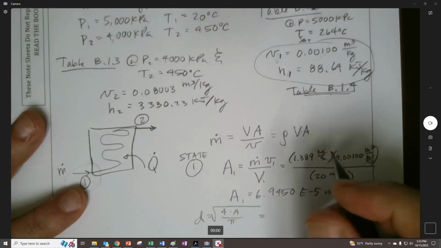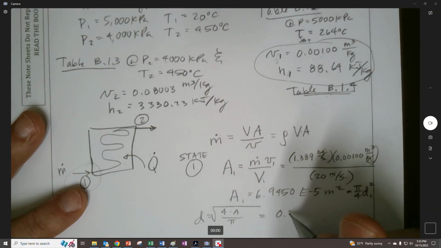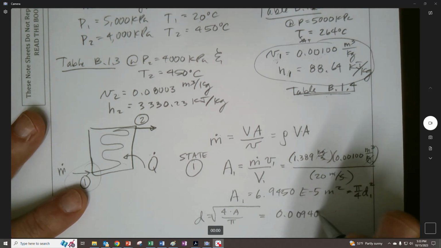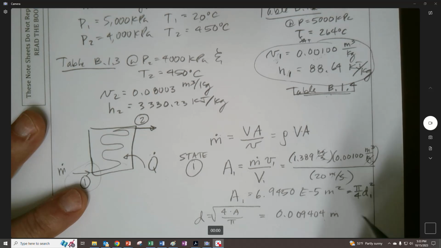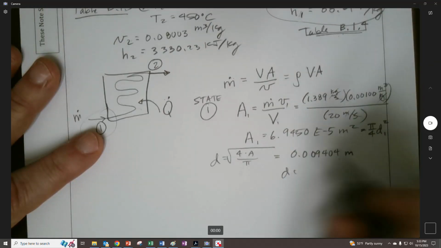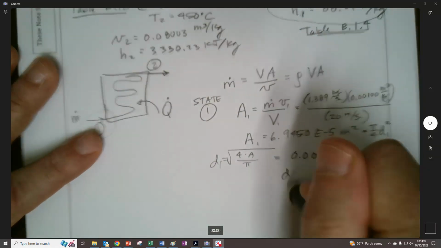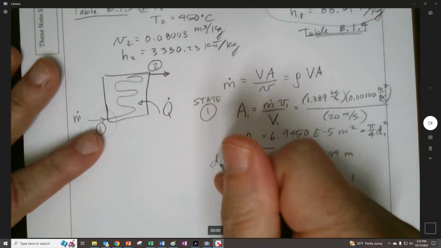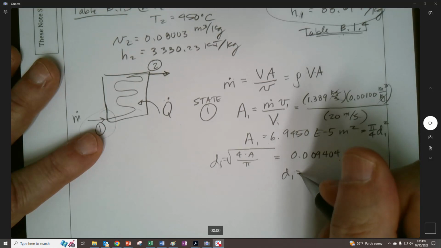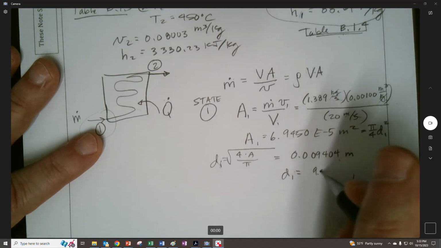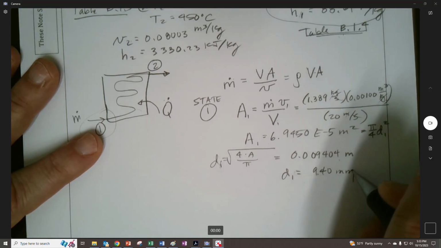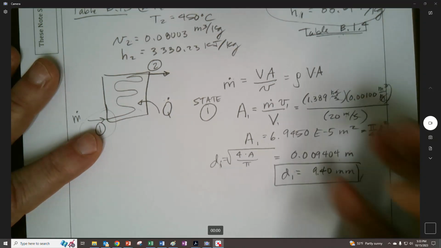And if we do that right here, we end up with 0.009404 meters. And so this is D1. Wow, I really messed that up. D1, I'm tired, I want to go home, is 9.40 millimeters. That's tiny. That's nuts.